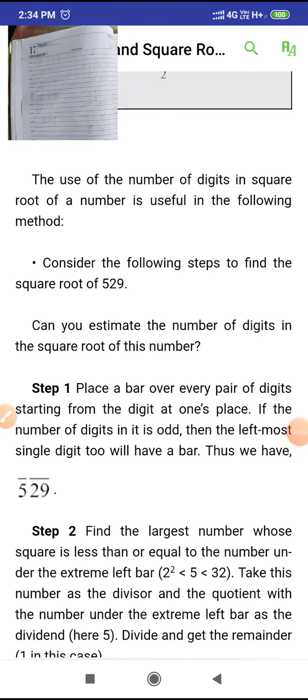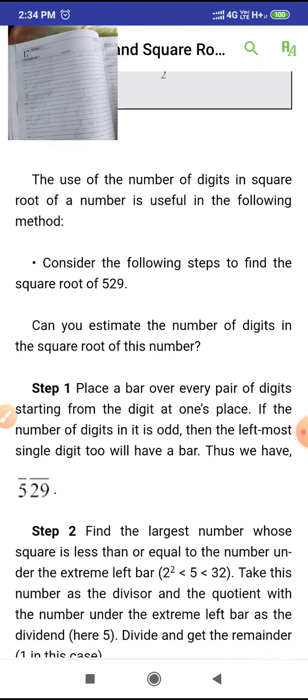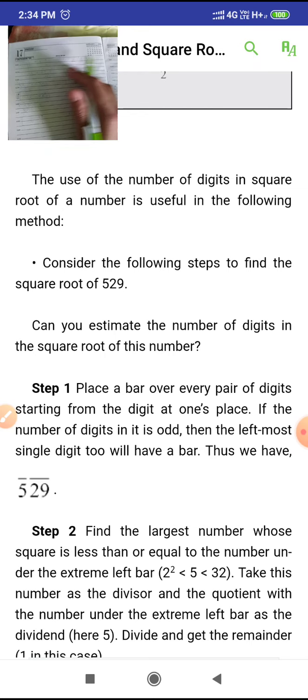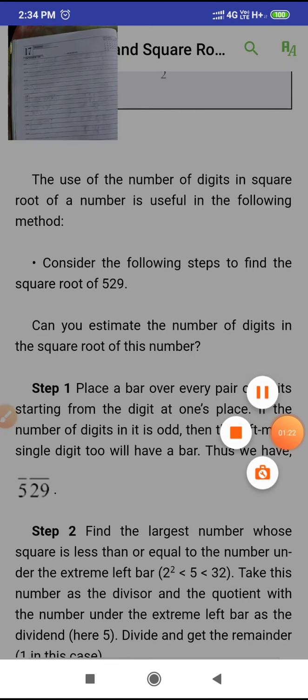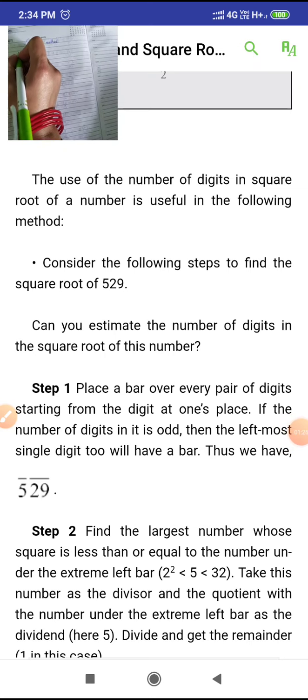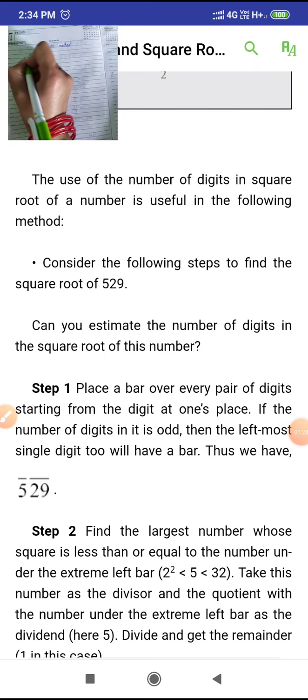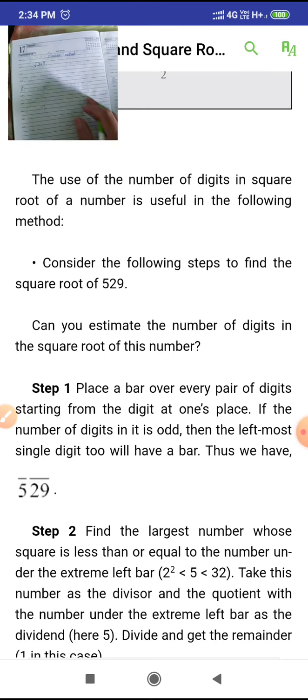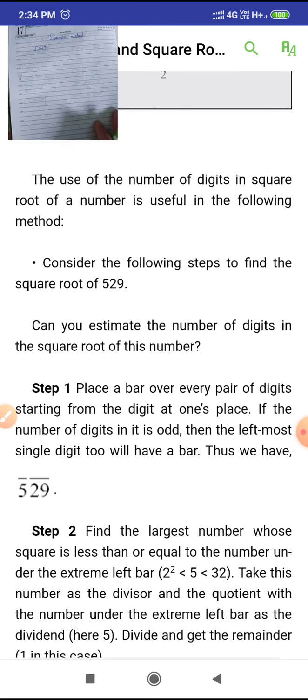So students, there are certain steps involved in this method and we will learn it step by step. Suppose we have to find the square root of 529 by the division method.